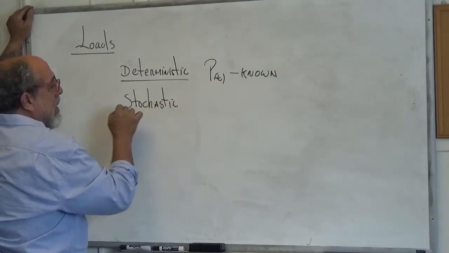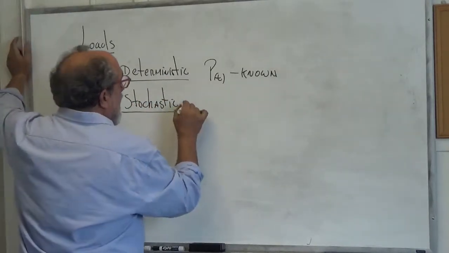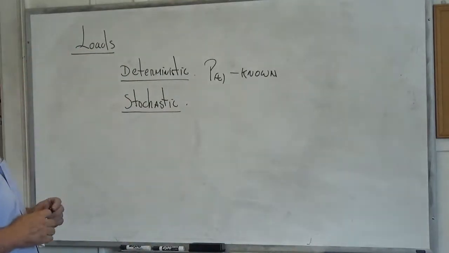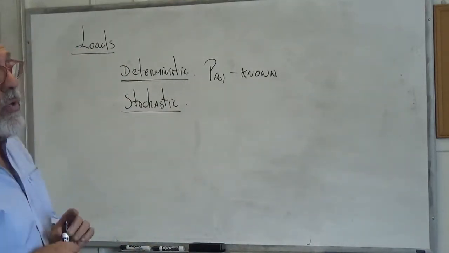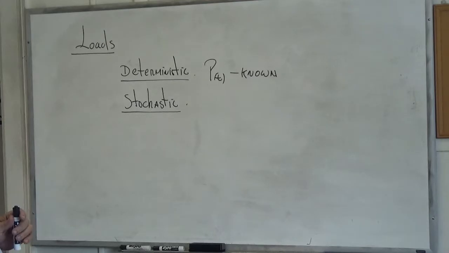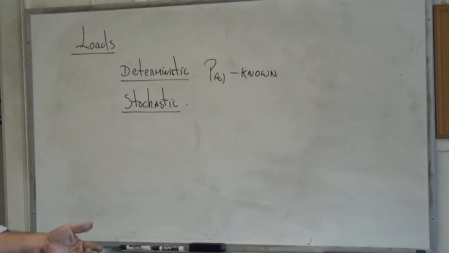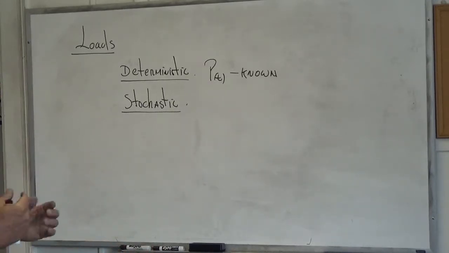And actually, then we can get into philosophy here, because the loads are the loads. So it's not like, okay, hey, look, this is a stochastic load or something. I mean, what we're talking about is our knowledge of the load. So it may be that I actually have deterministic knowledge of the loading. That is, I can measure it, or I can see it, or I'm the one applying it, or whatever, right? That means it's a deterministic problem.